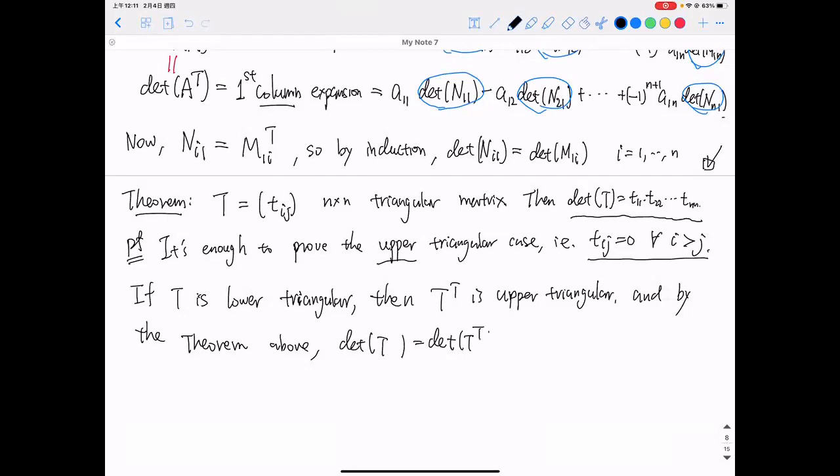Put differently, the determinant of T is the determinant of T transpose, which is the product of the little t's.